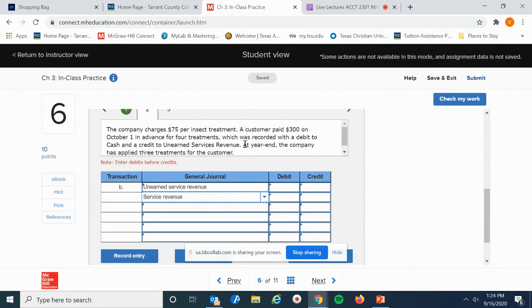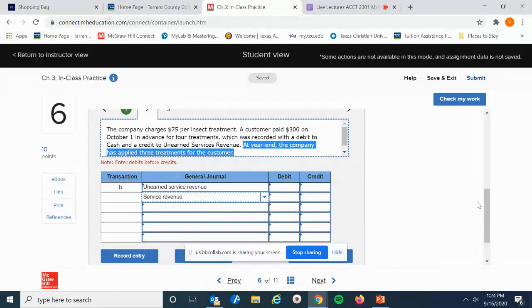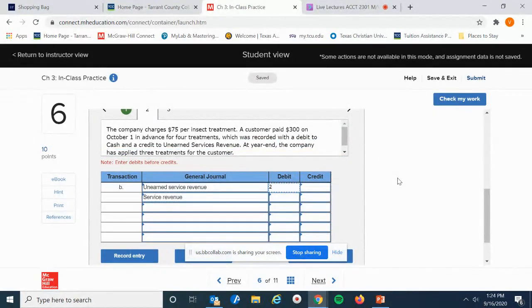So look at this now. At year end, they have provided 3 treatments. So I'll take the number of treatments, which is 3, and multiply it by 75. So at the end of the year, the company would have provided or earned $225 worth of services.